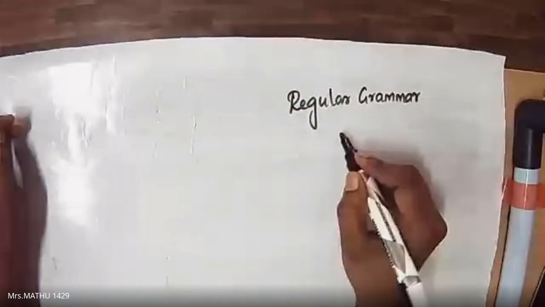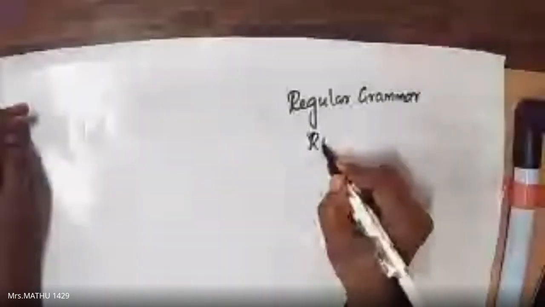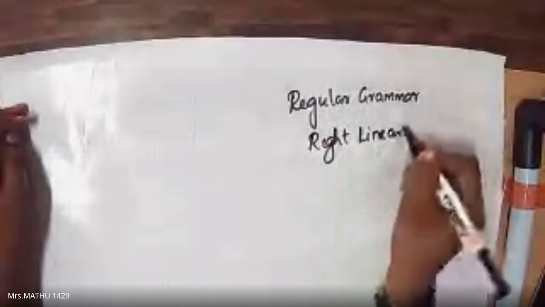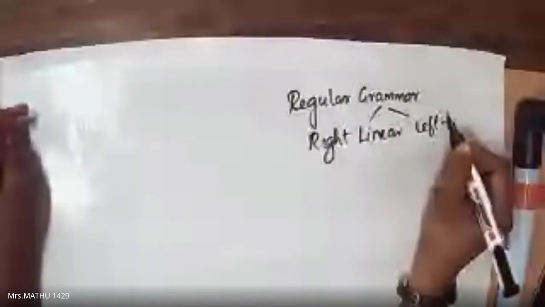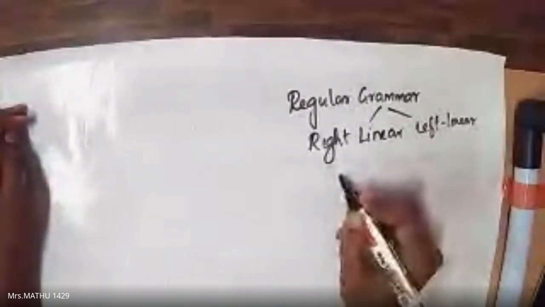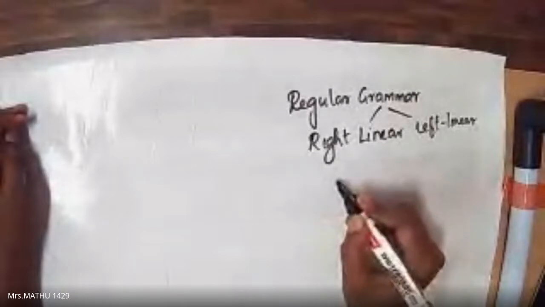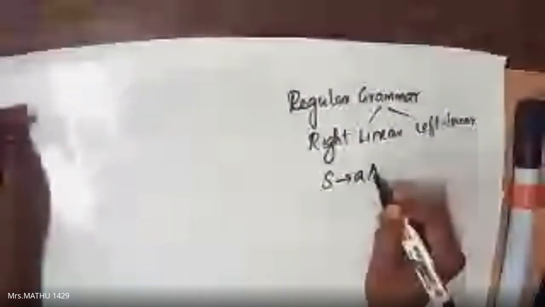So regular grammar is any grammar that is either right linear or left linear. We call it a regular grammar. And what is right linear grammar? All the productions in the grammar will have at most one variable on the right hand side, and that too on the rightmost side.